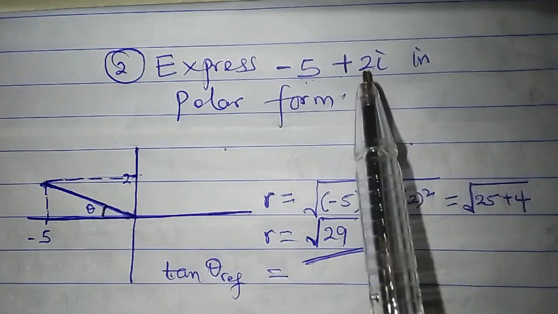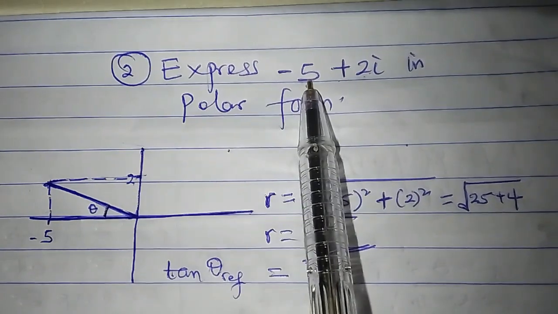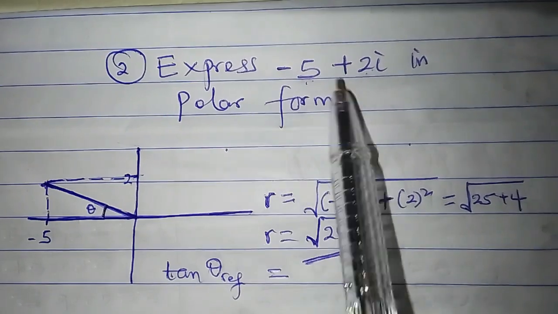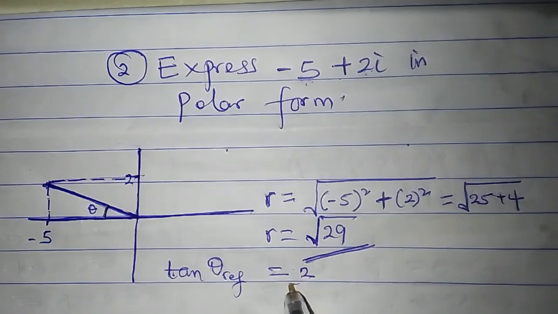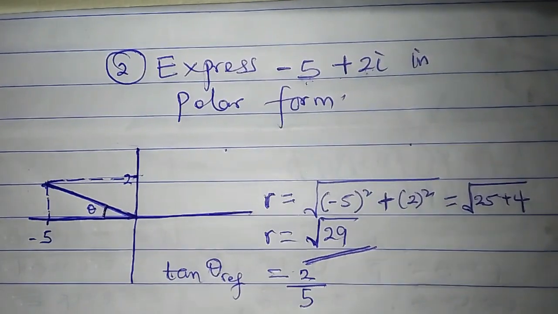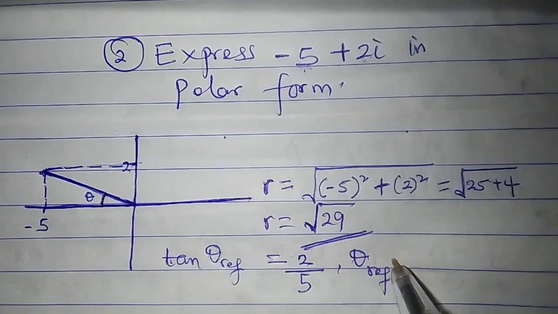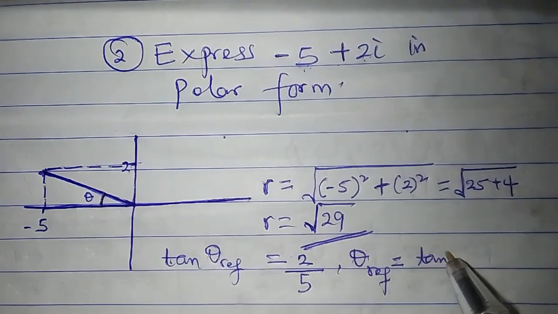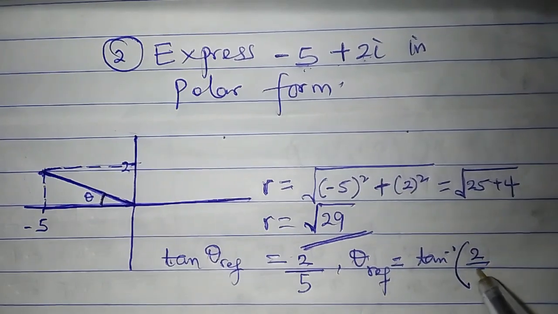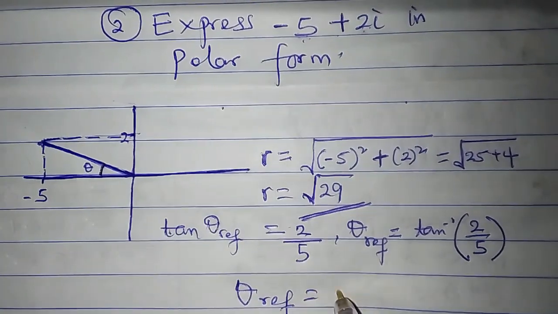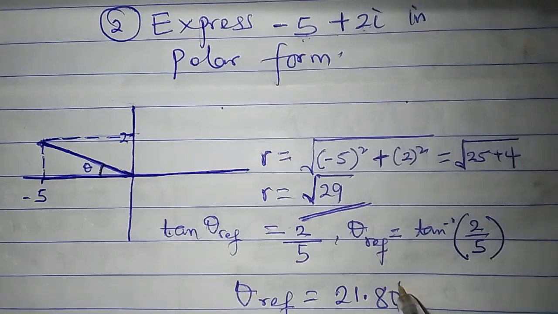I'll make use of positive 2 and positive 5. I will neglect the minus. Any minus that exists, I will neglect it. So, the value of the reference angle will be the tan inverse of 2 over 5. And that will be 21.80 degrees.